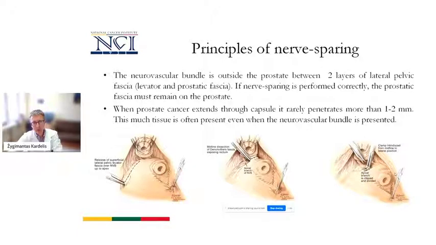Principles of nerve sparing. The neurovascular band is outside the prostate between two layers of lateral pelvic fascia, the levator and prostatic fascia. If nerve sparing is performed correctly, the prostatic fascia must remain on the prostate. When prostate cancer extends through the capsule, it rarely penetrates more than 1 to 2 millimeters. This much tissue is often present even when the neurovascular band is preserved.